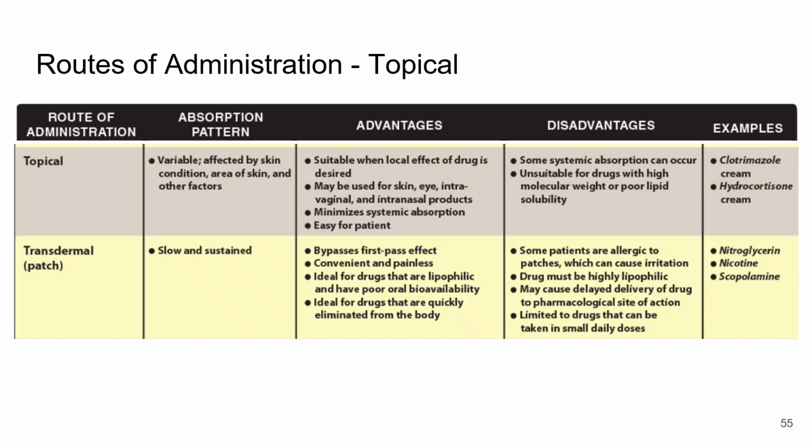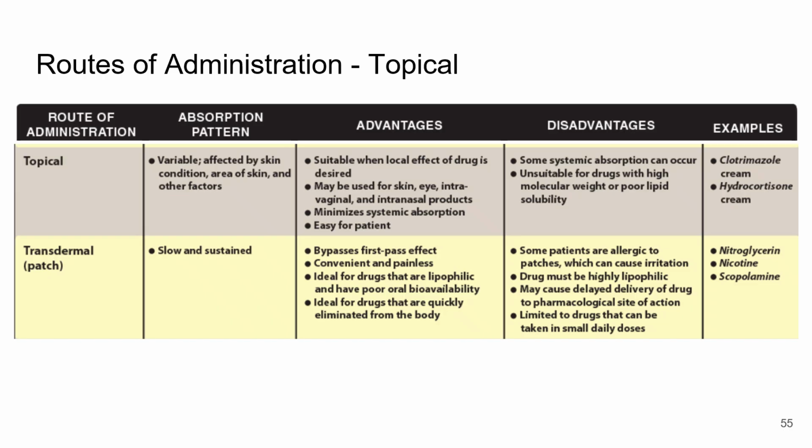Of course, major advantages for topical medications are that if we just need local effect, that is ideal, right? So antifungals, topical steroids we use for a local desired effect on the skin, and we minimize that systemic absorption.